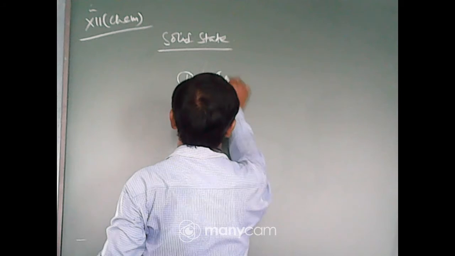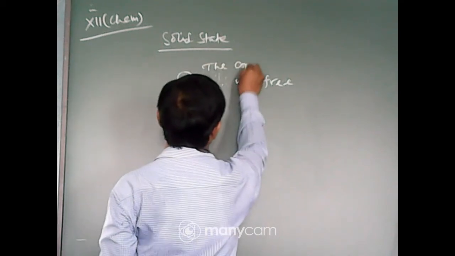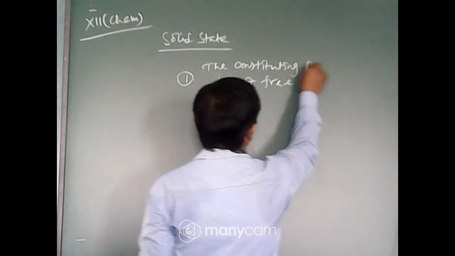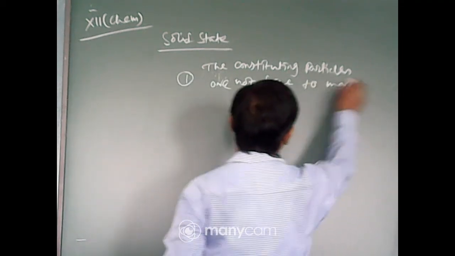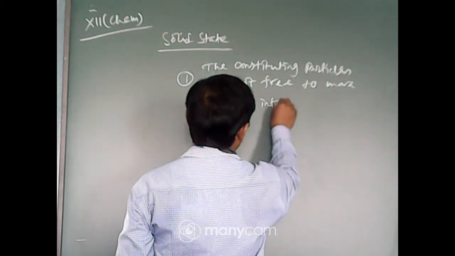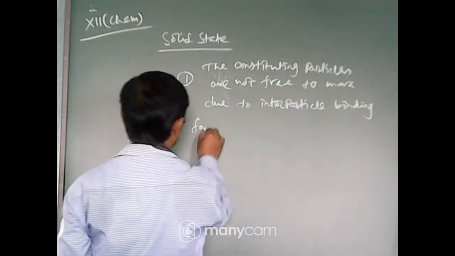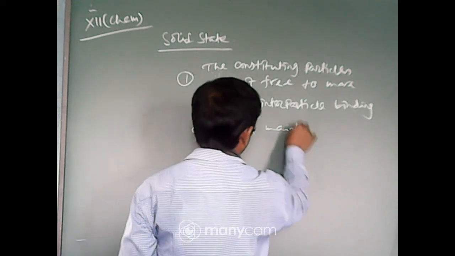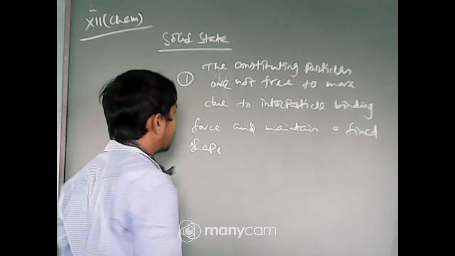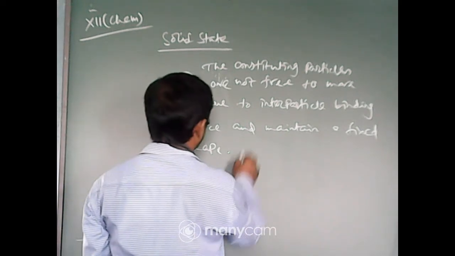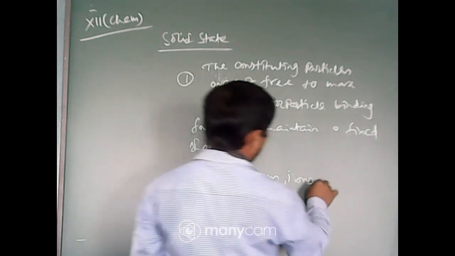The constituting particles are not free to move due to interparticle binding forces, and maintain a fixed shape, then it would be called a solid, and the constituting particles may be atoms, ions and molecules.